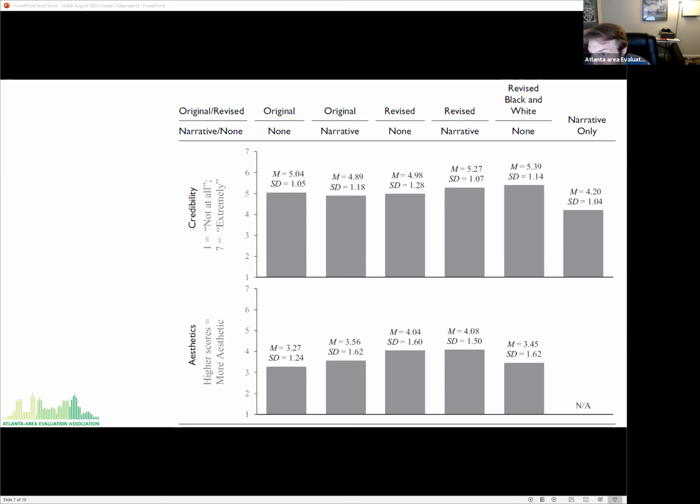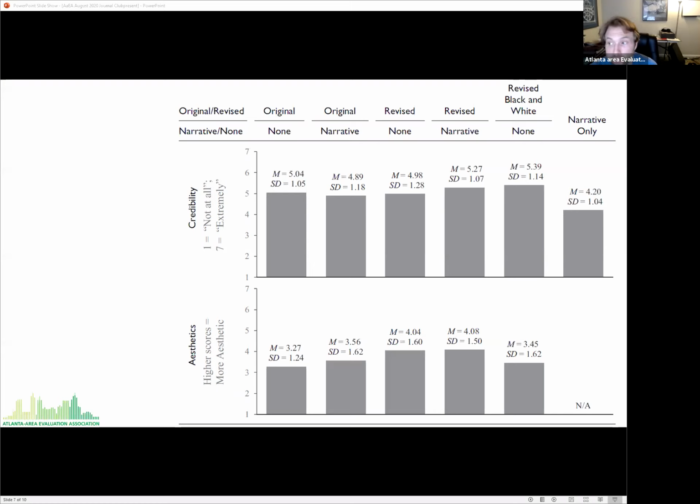There might be minor differences between the revised black and white and the revised, and I guess a half of a Likert point on the 7-point scale might be meaningful, but what I would guess is causing it to be statistically significant is the comparison with this narrative only group.